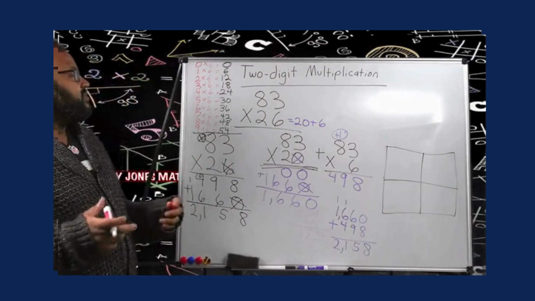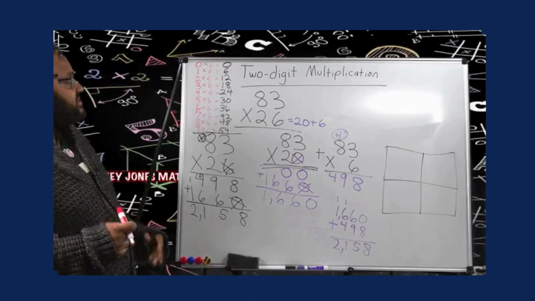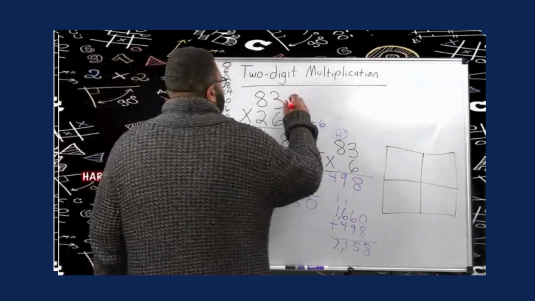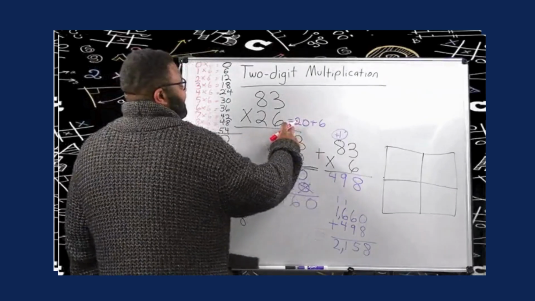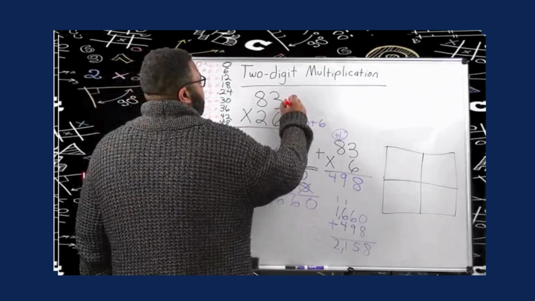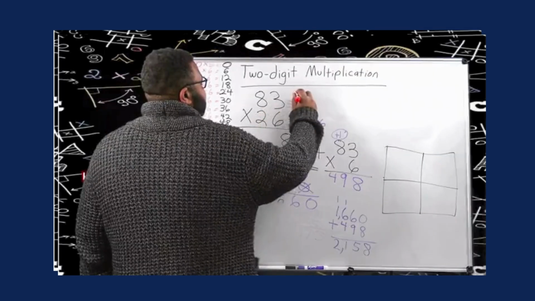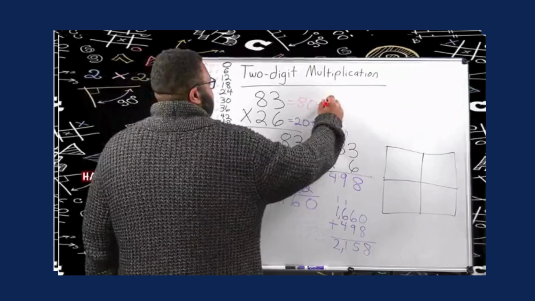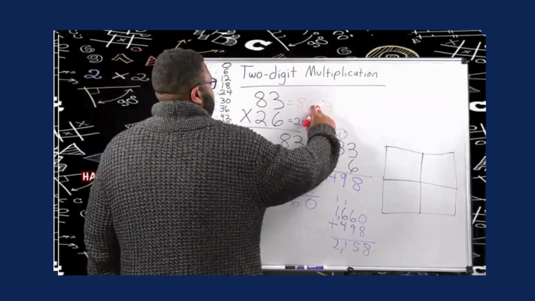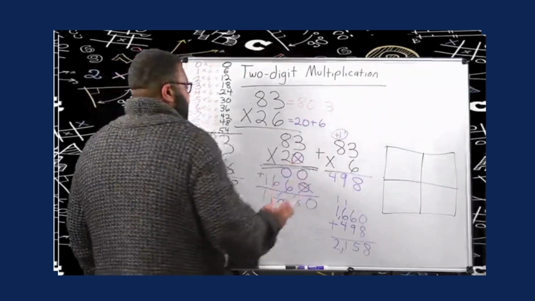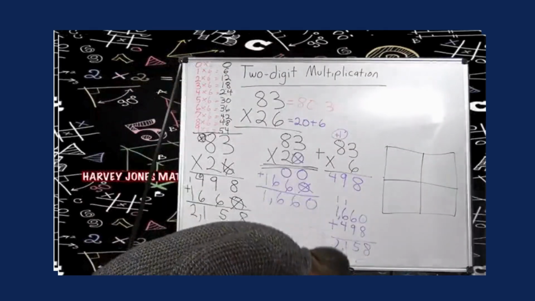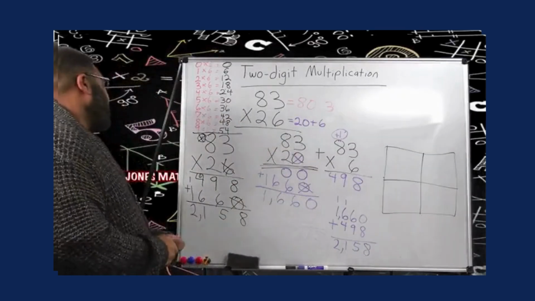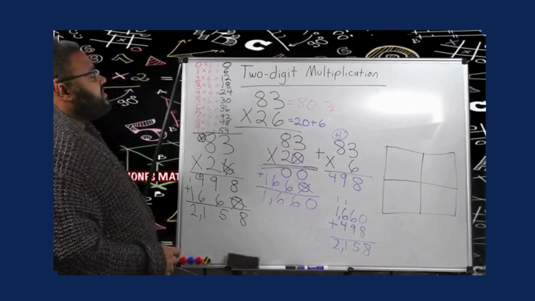Third way, we call it the Bojangles Big Box. What's happening right here, I'm going to keep this as expanded form, but for the Bojangles Big Box, we're going to expand this here. 80 plus 3.